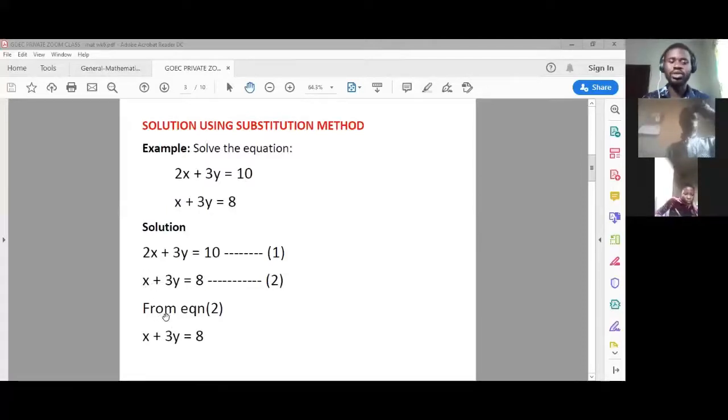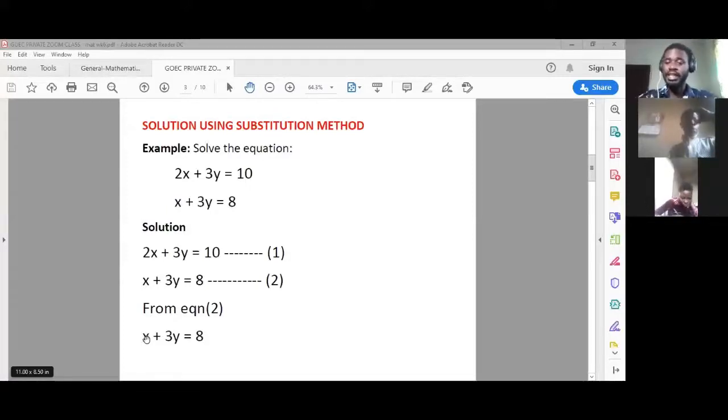So from equation 2, x plus 3y equals 8. Because this x is already standing alone in that equation, just make it the subject of the formula. This plus 3y, you transfer it to the other side, so that this x that was standing alone before will now become the subject of the formula.